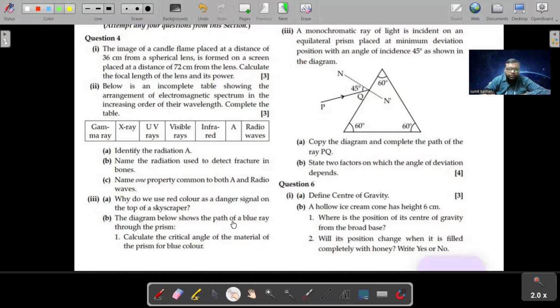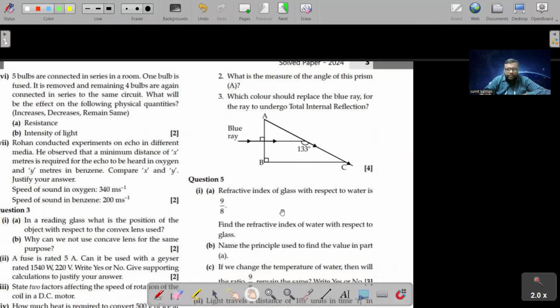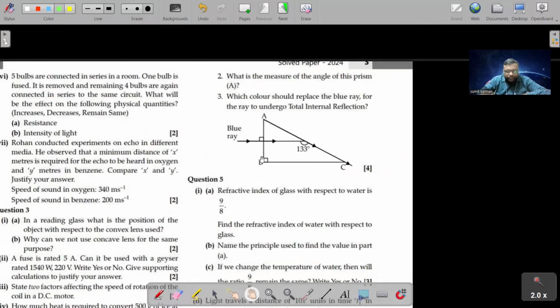The diagram below shows the path of a blue ray through the prism and you have to calculate the critical angle of the material of the prism for blue color, and the prism is given here. This is the prism, friends. You can see this is blue color and ABC. It is a cross section of the prism and this is in the form of a triangle.